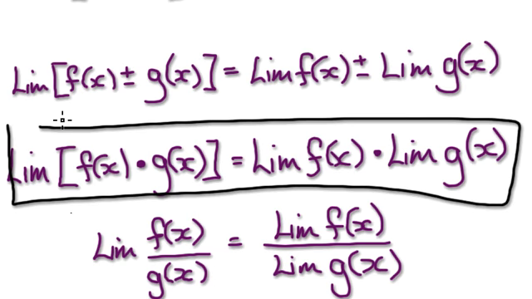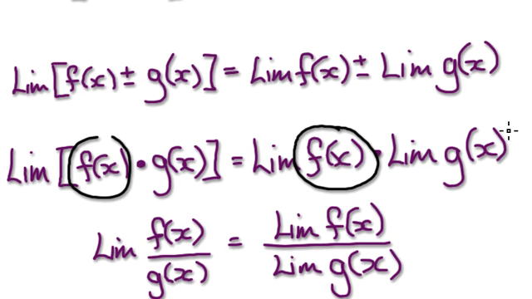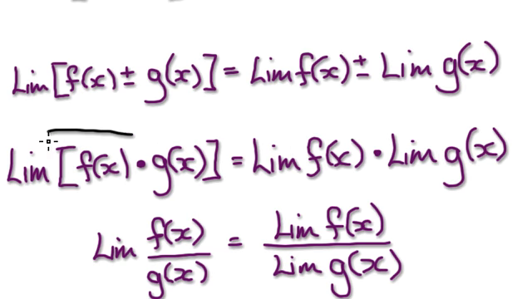What this law is saying is that to find the limit of this complicated function, just concentrate on finding the limit of one function, and then find the limit of the other function, and then multiply the two together. That will give you the limit of this whole thing.